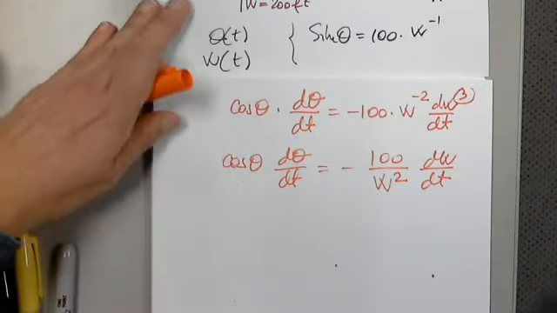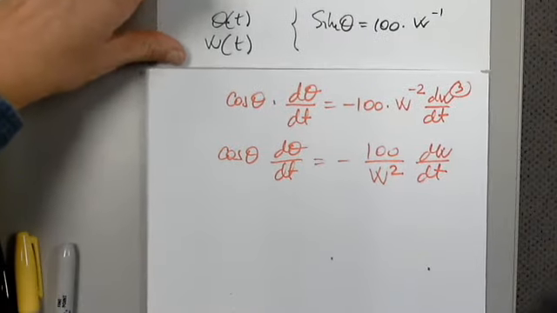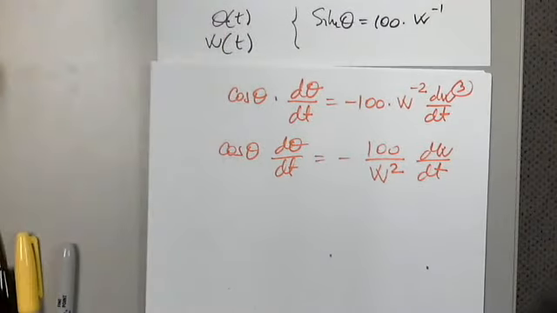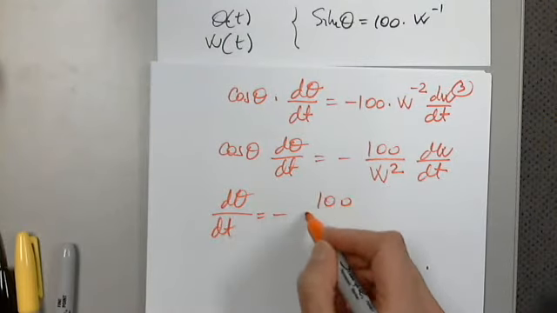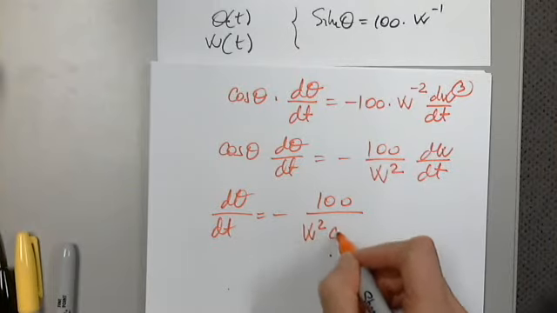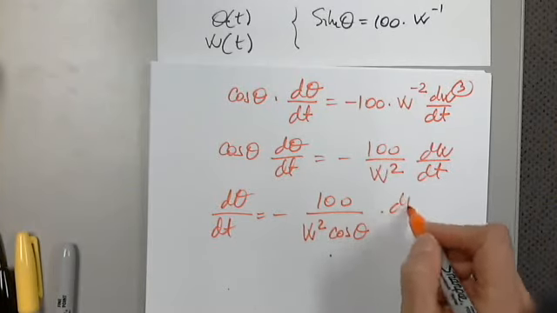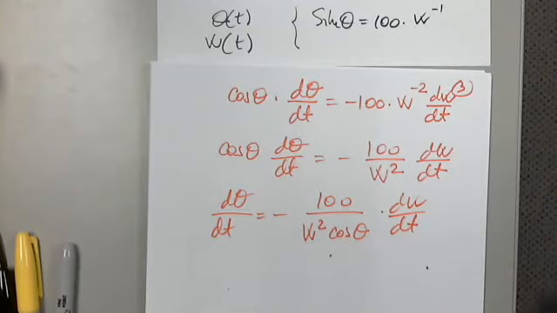I will divide by cosine theta, and I got the expression I need, but I don't have all the pieces though. So dθ over dt equals -100 over w squared cosine theta times dw over dt.